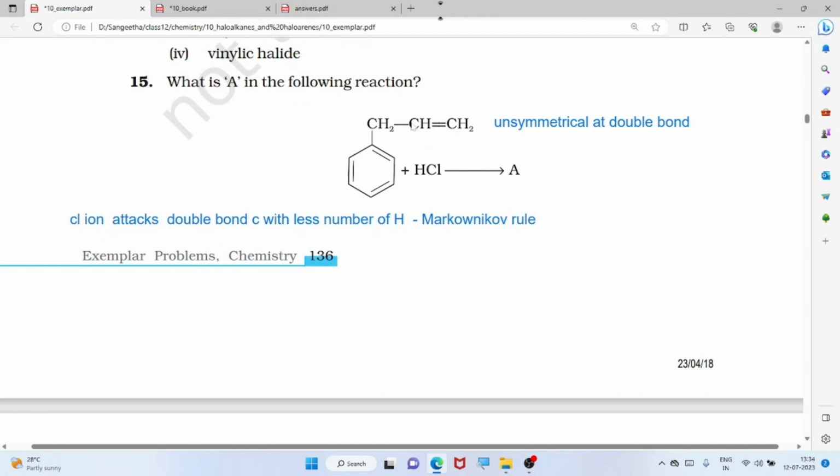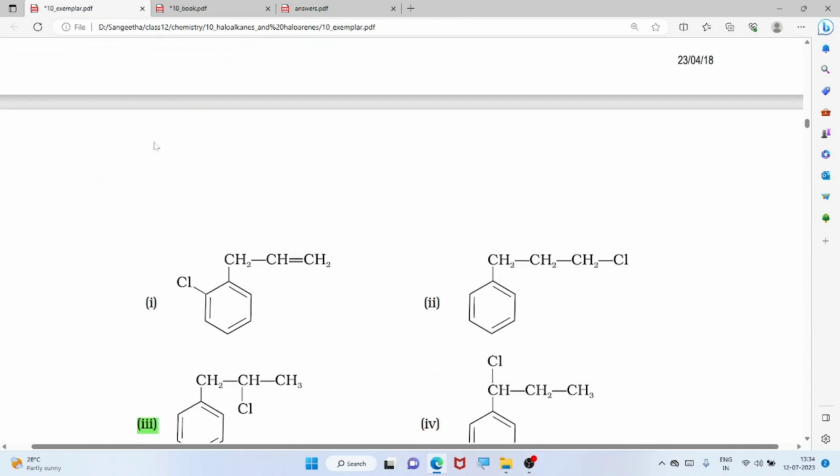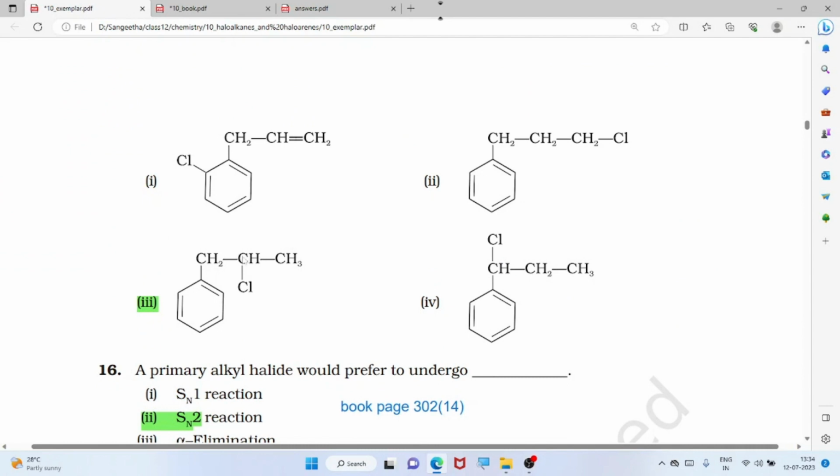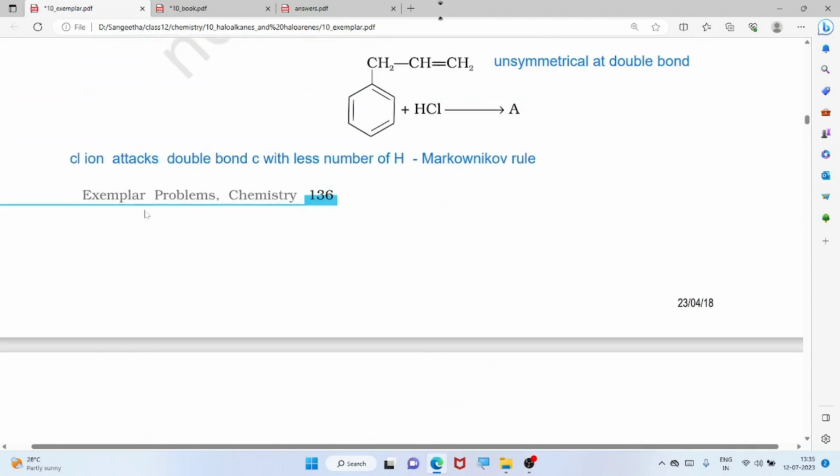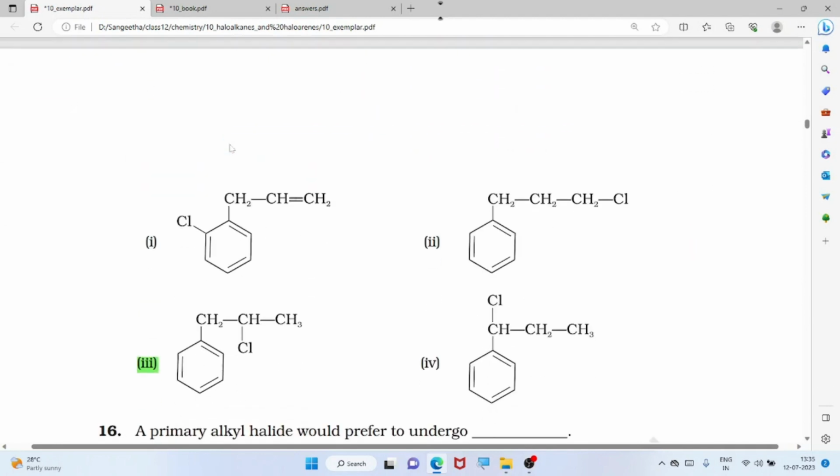So this side, this is the major product. On the left side of the double bond, the halogen atom is bonded. Cl ion attacks the double bond carbon which has less number of hydrogens, as given by this rule.